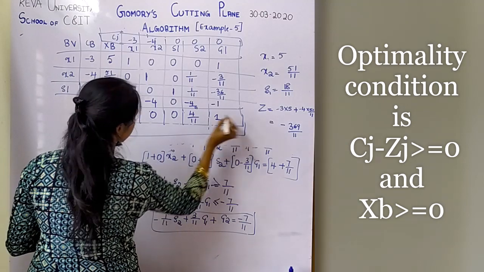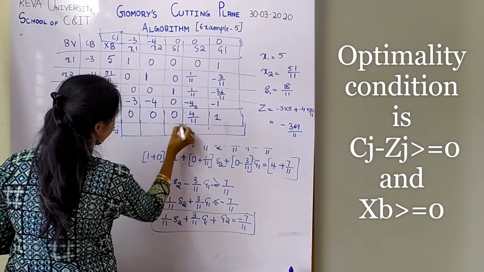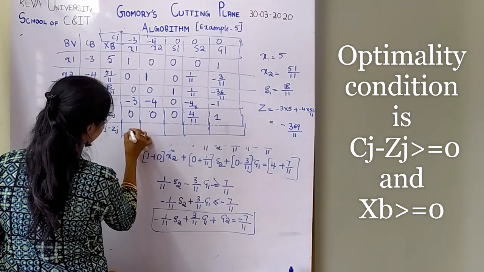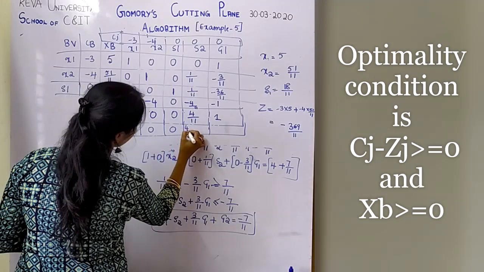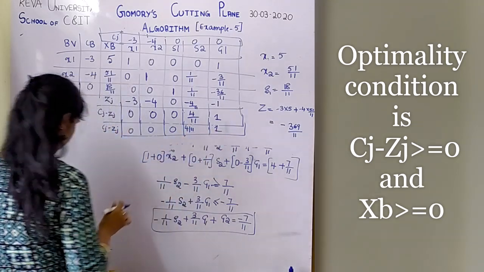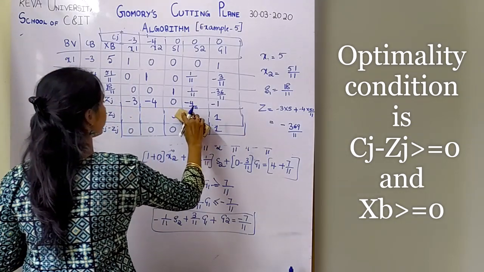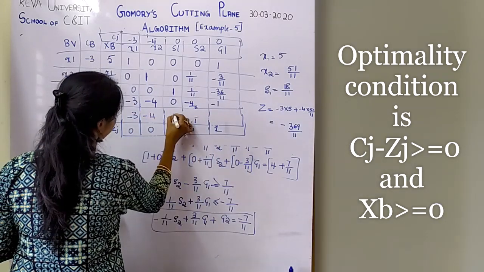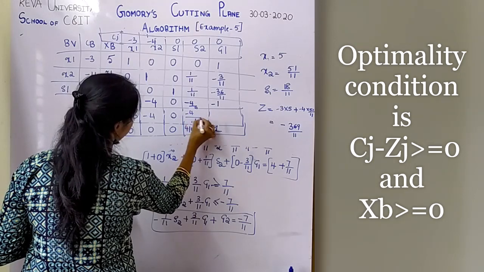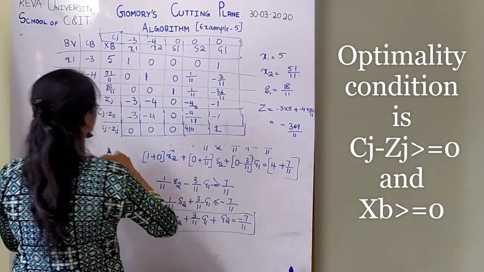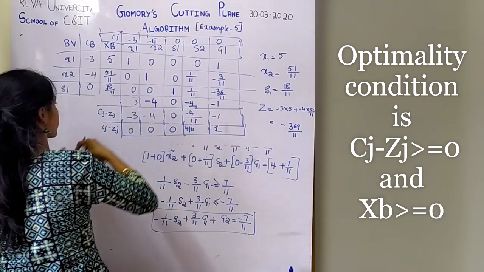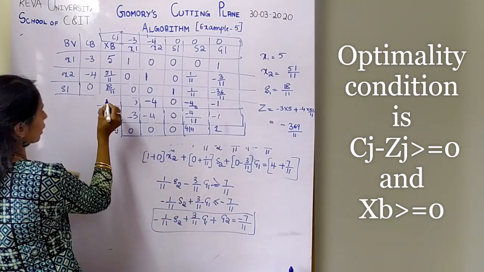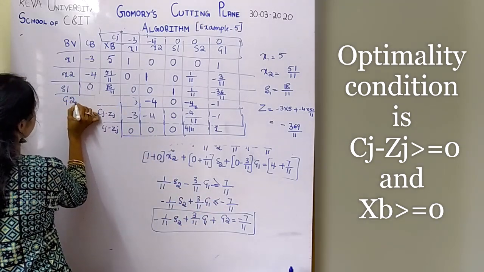This is Cj minus Zj; I will just copy this one down: 0, 0, 4 by 11, 1. And in this space I will just write minus 3, minus 4, 0, minus 4 by 11, minus 1. In this place I will reserve for now our Gomory constraint G2.